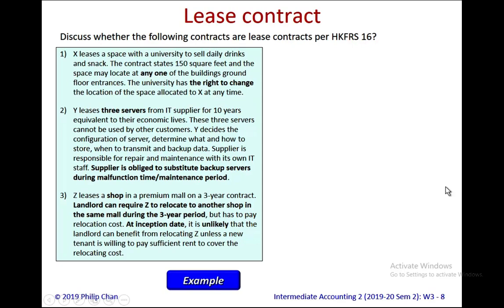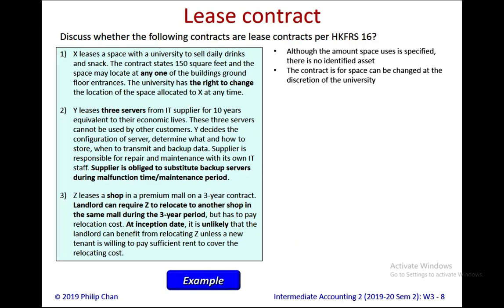In this case, it is clear that there is no way to find out exactly where we can use that area to sell drinks or conduct business. So although the amount of space is specified, there is no identified asset because we don't know where we're going to conduct our business.